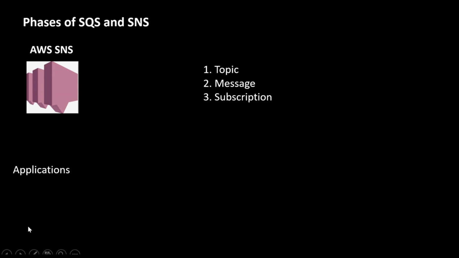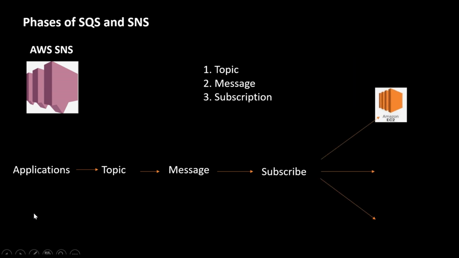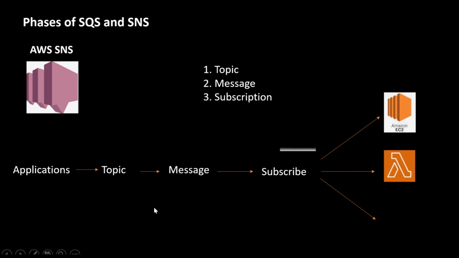Now let's understand it through the animation. Here also the applications come into the picture, and we can assume applications as producers. These applications send messages to the topic, and the messages in that topic are received by the subscribers, and these subscribers may be Amazon EC2, Lambda functions, or other Amazon Web Services.